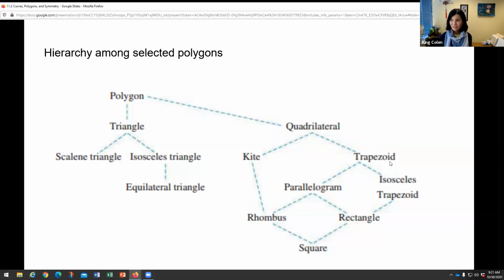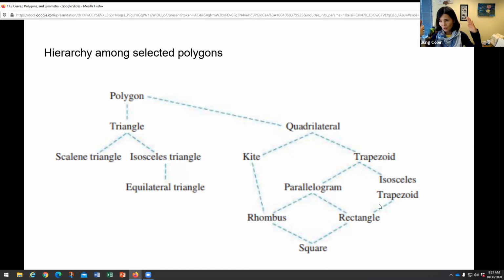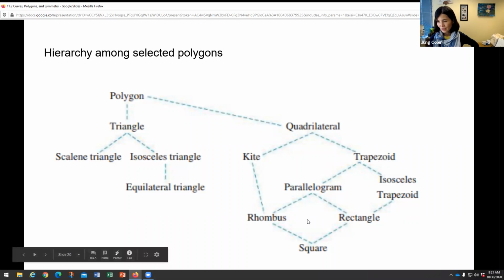Trapezoid, at least one opposite pair is parallel. If you have both pairs parallel, we call that a parallelogram, right? Isosceles trapezoid, you need to have the sides that are not parallel be congruent. Then it's called an isosceles trapezoid. And if it is parallel and the sides are also the same, then it becomes a rectangle, right?